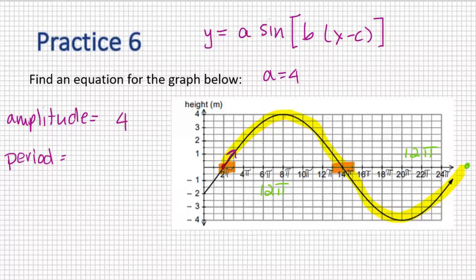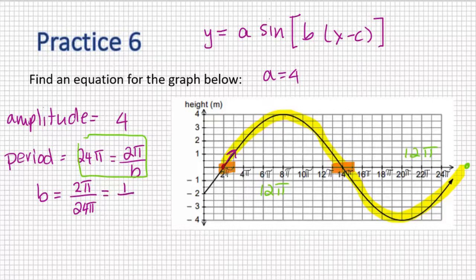So altogether we have a period of 24 pi. Period is always evaluated by using 2 pi over the frequency. So we'll reorganize this equation to solve for b. And we find that b is equal to 2 pi over 24 pi, or just 1 over 12. So b has a value of 1 over 12.